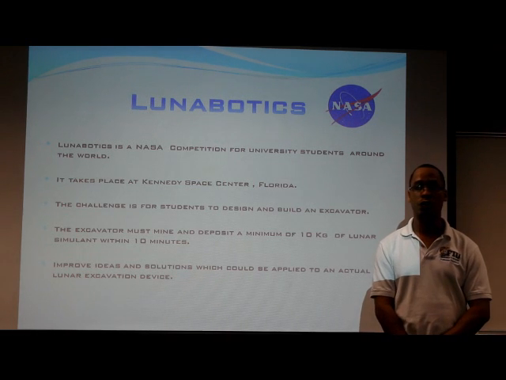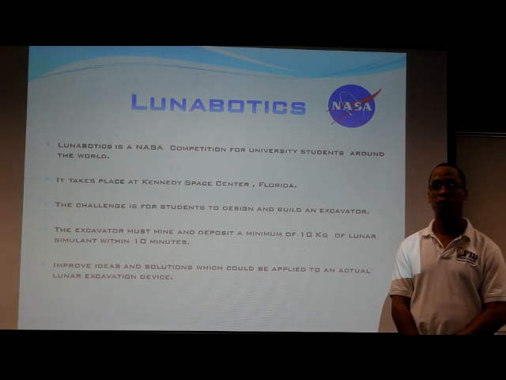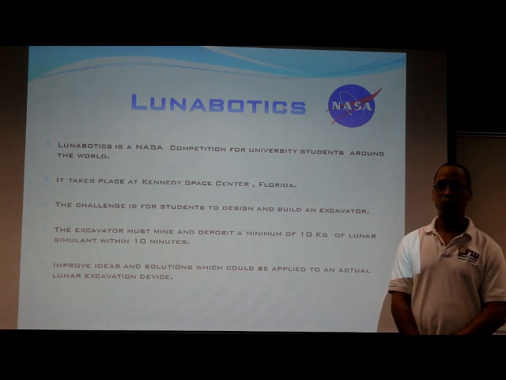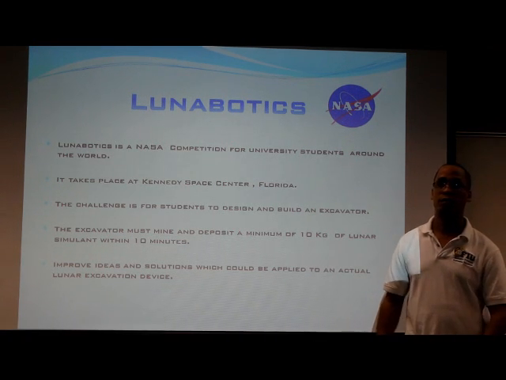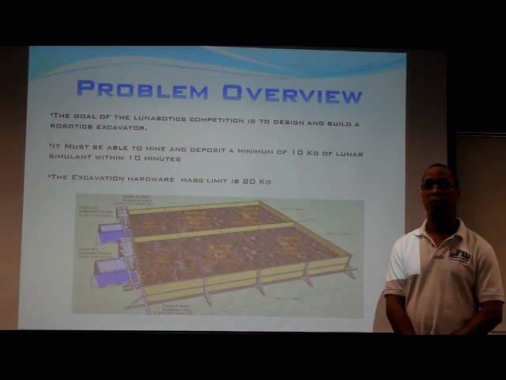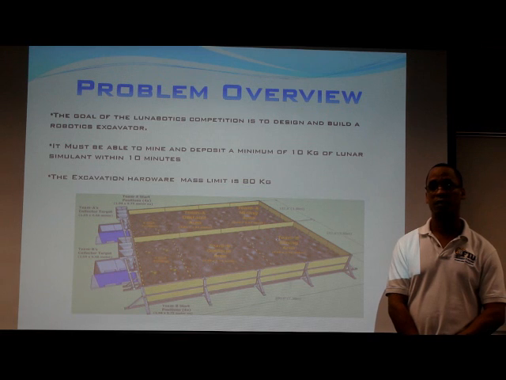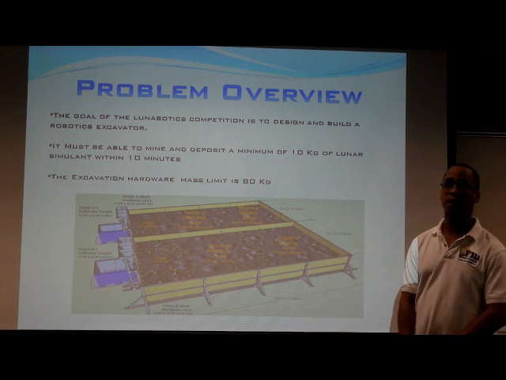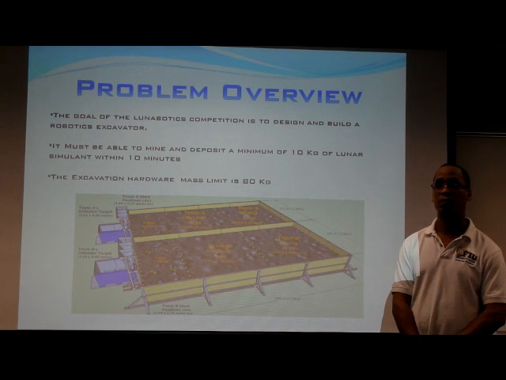The objective of this competition is also to improve and find solutions which can be applied to future excavator devices. This is the problem overview of our project. Basically, it's the same as I said before. As you can see at the bottom of this picture, this is the platform where the competition takes place.